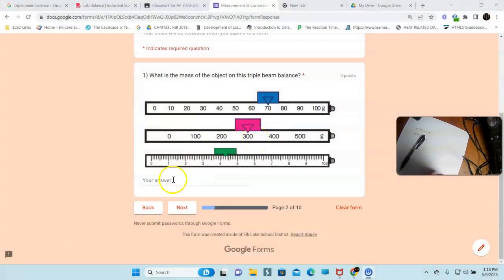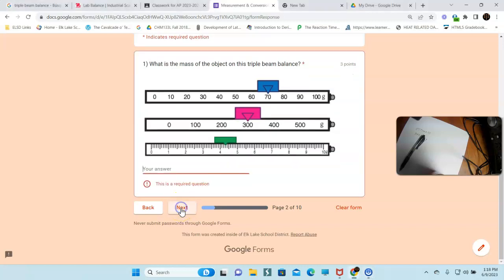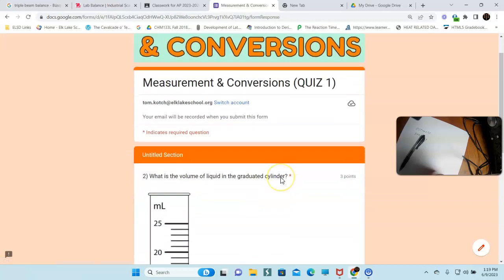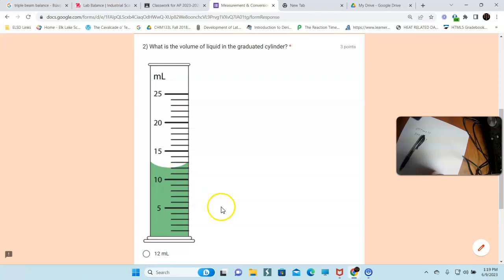Another is when we're going down here. That's my next question. Oh, I guess I better answer it. This is not letting me just go through and do it. 374.30. They probably won't count that as correct, but that's okay. Now, same thing with this. You can read this graduated cylinder 10, 11, 12.